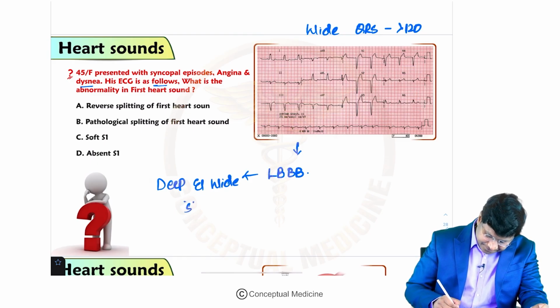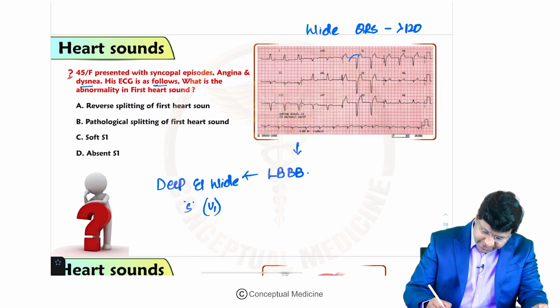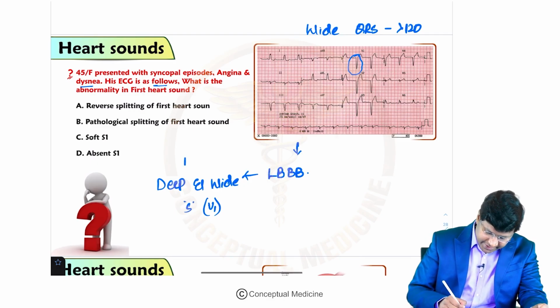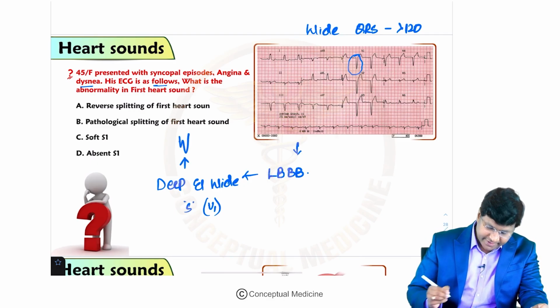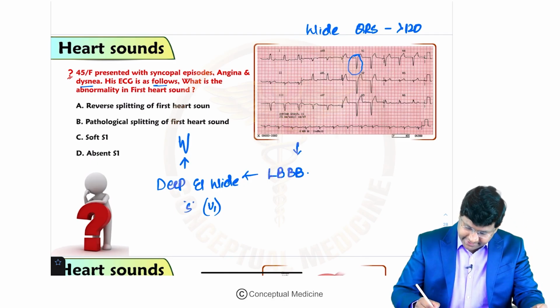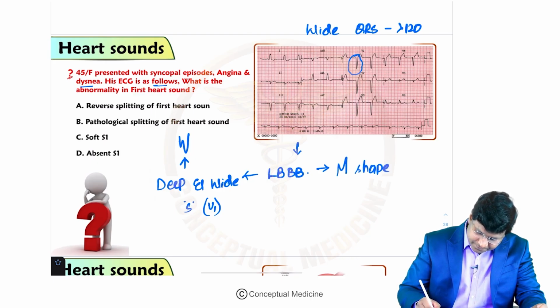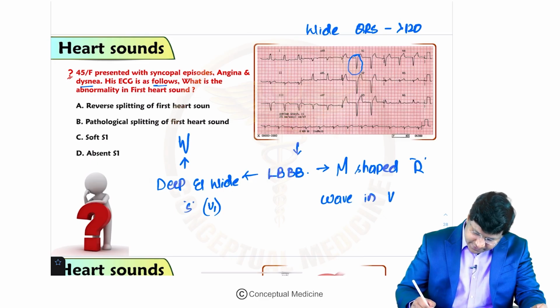Then you have the presence of a deep and wide S wave in lead V1, so you can see that here, and this S wave is W shaped. Then the other important wave is the R wave, it is M shaped, in V6.